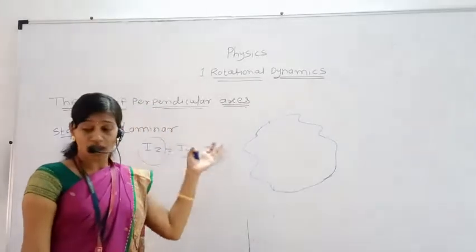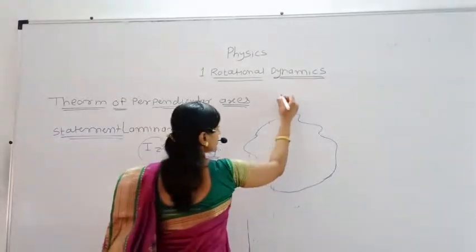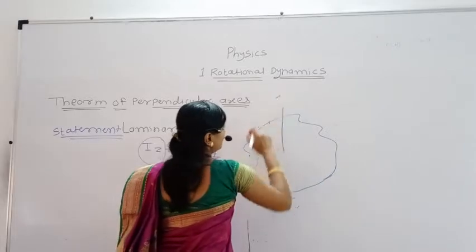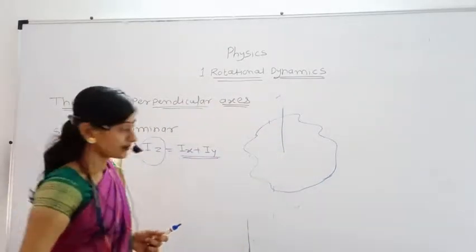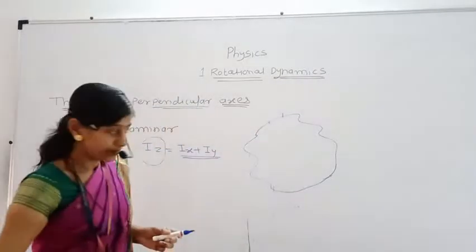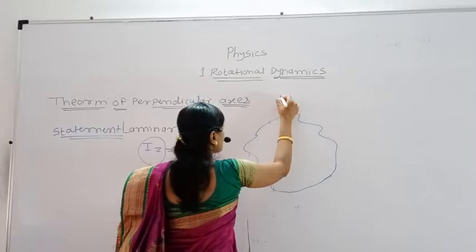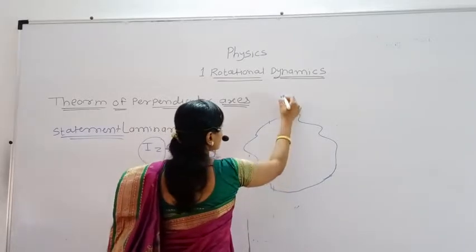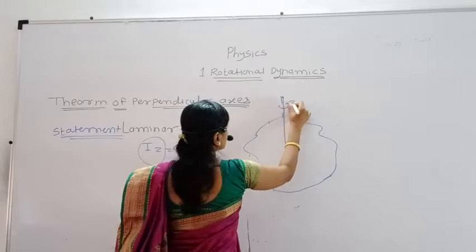Here we have to show the three axes. The perpendicular axis is Z. This axis is perpendicular to the plane, the Z axis.